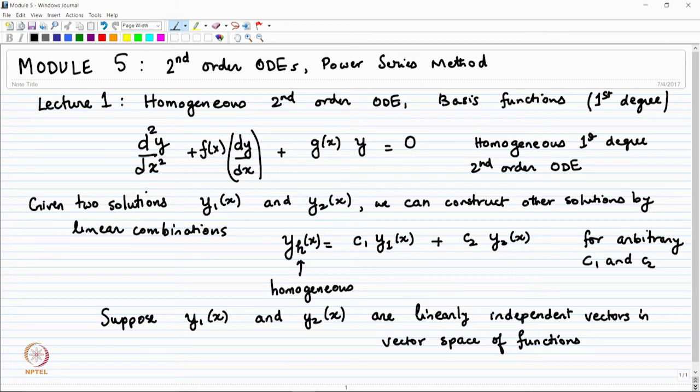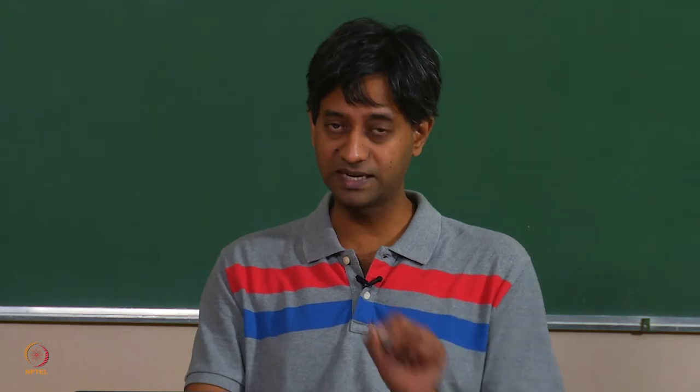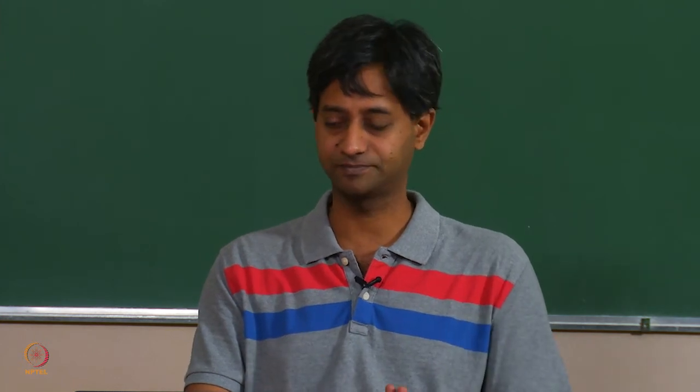Again, I would like you to recall what we learnt when we were learning vectors. We said that we can generalize the idea of vectors to functions. We can think of functions as vectors in a vector space involving all functions.